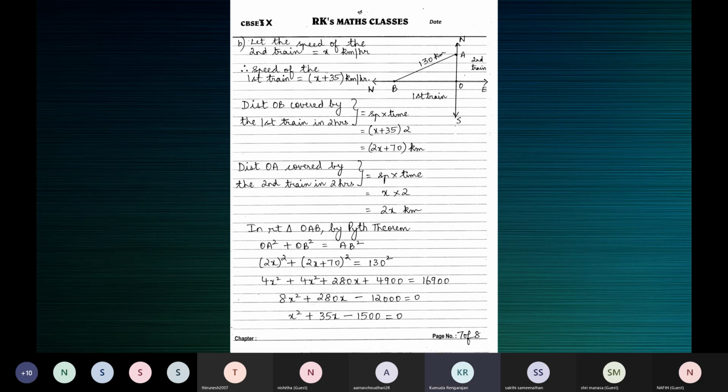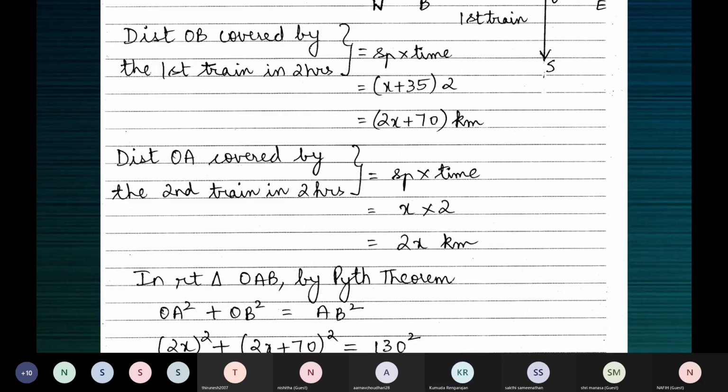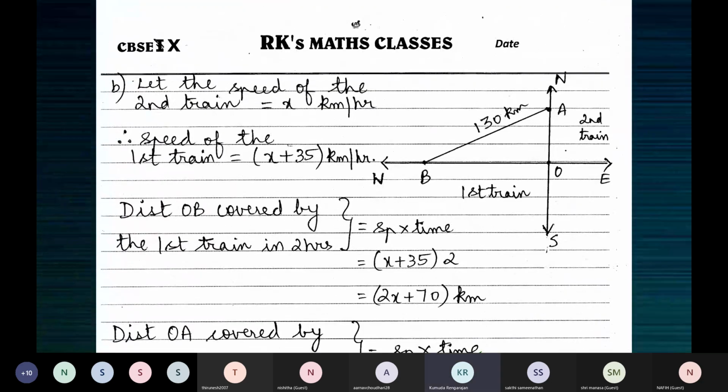So you can see the assumption. Let the speed of the second train be x kilometers per hour. Then the speed of the first train is x plus 35 kilometers per hour.